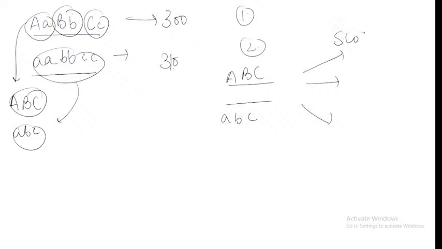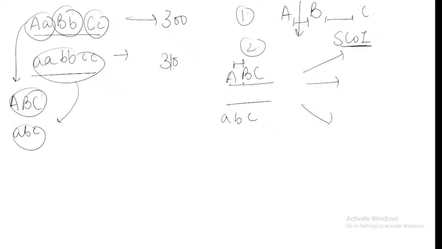So single crossover 1, when you need to find the distance between the first two genes, because here it is asked to find the distance between capital A and capital B, and then capital B and capital C. When you have to find the distance between the first and the second gene, remember that you have to take the single crossover 1 frequency.